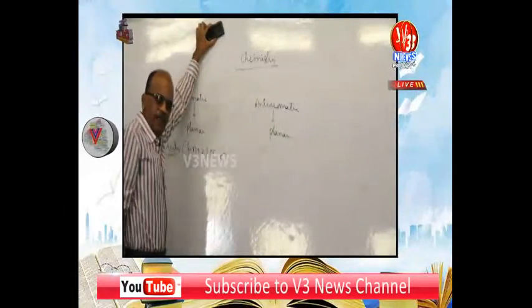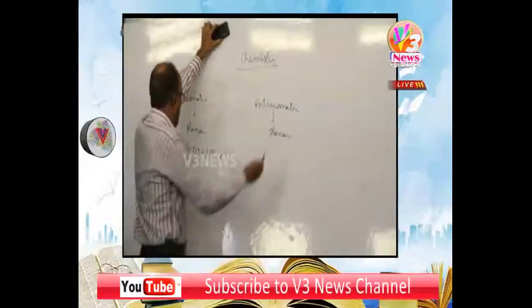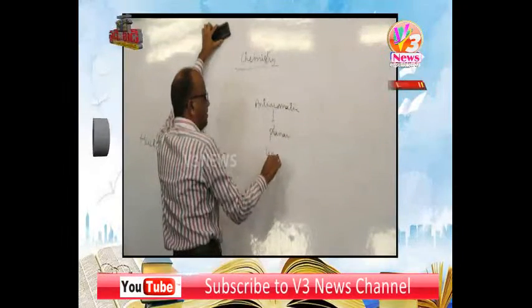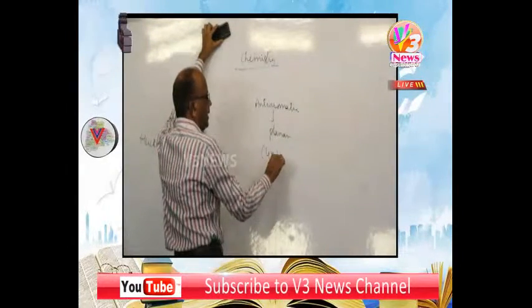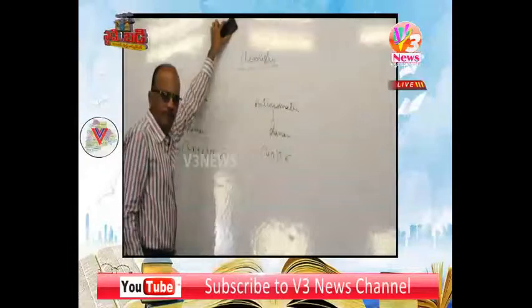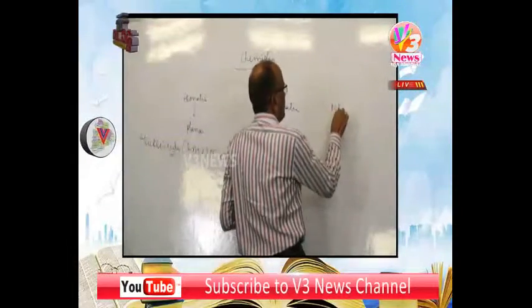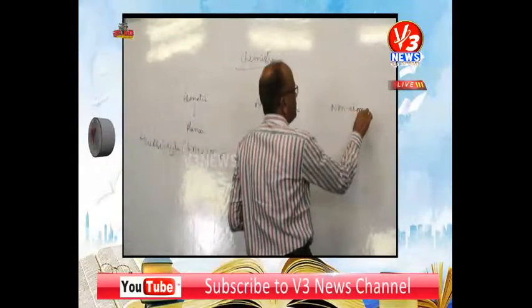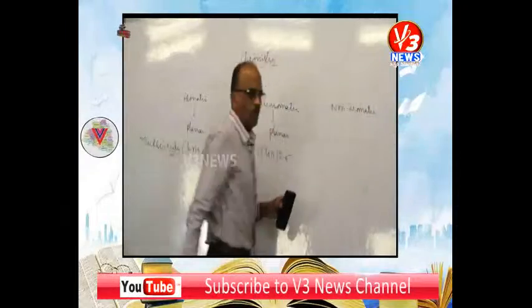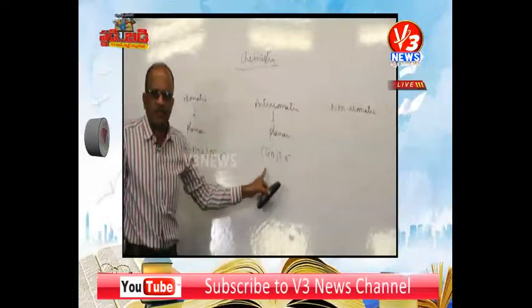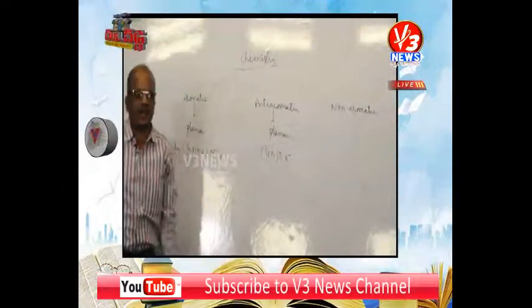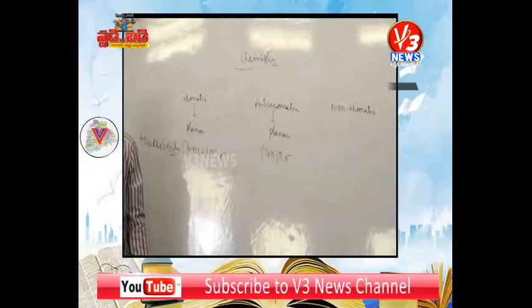Planar means there should be sp2 hybridization, and these compounds follow 4n pi electrons. Now non-aromatic compounds: if compounds are not obeying any of these, then they are called non-aromatic compounds, right?